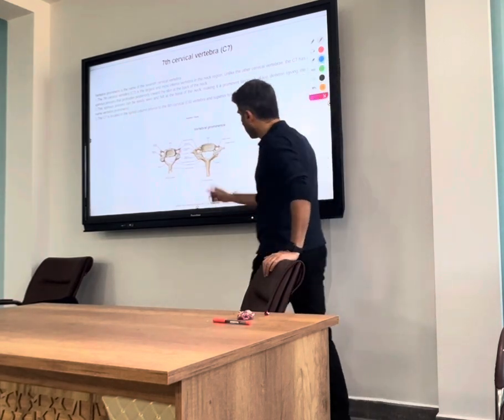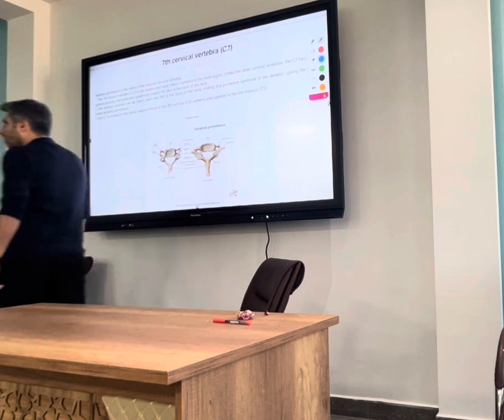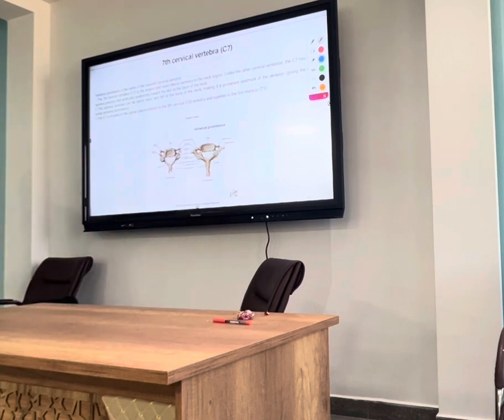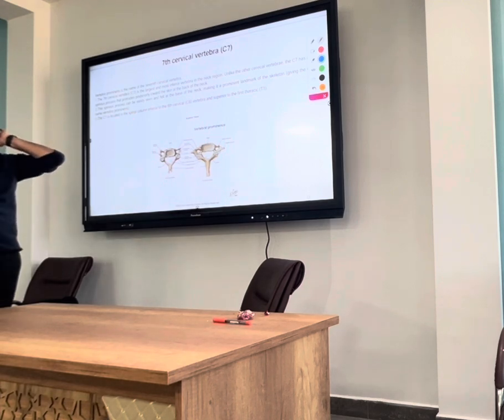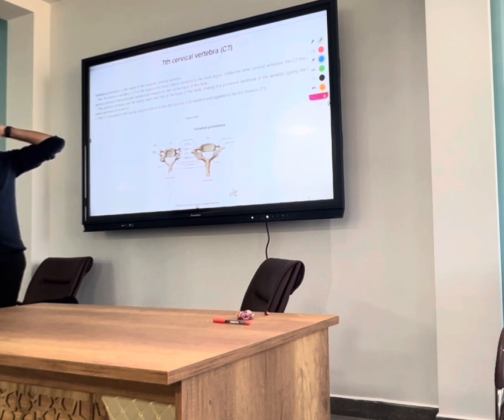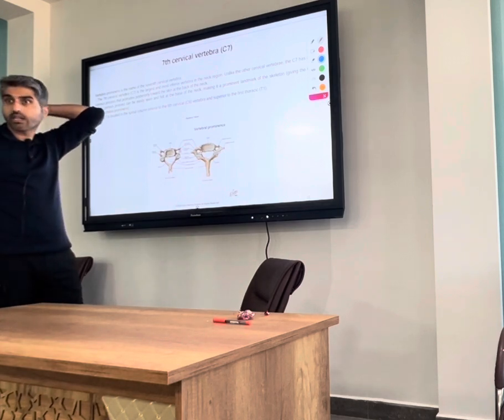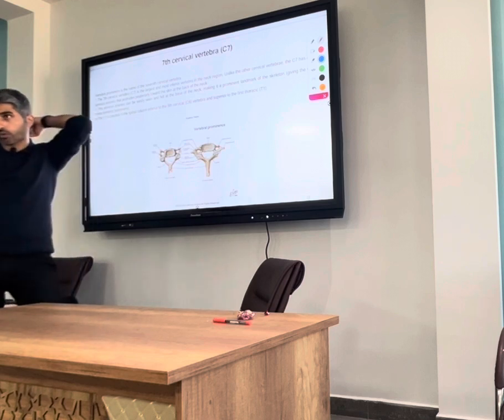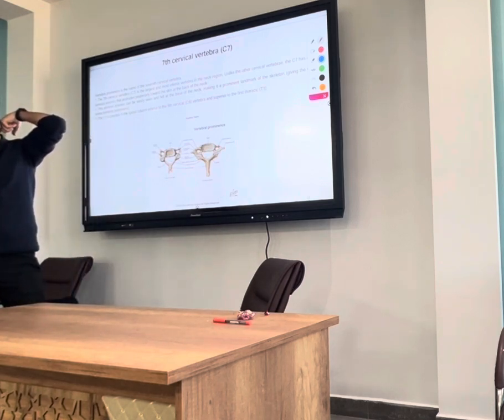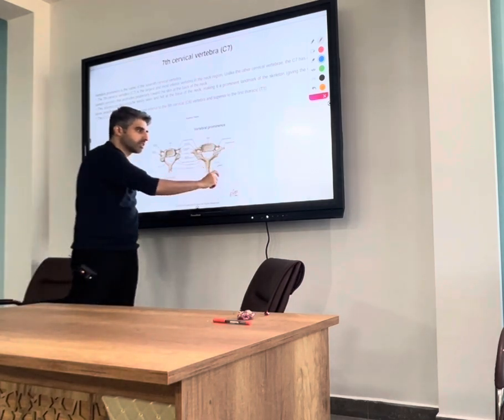I told you that you can touch a spinous process from the skin in the back. But look at the neck. In the neck, you can't touch them. You have muscles, you have ligaments. The first spinous process we can touch is here, and it's C7.